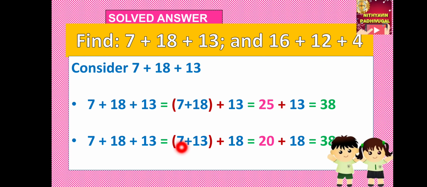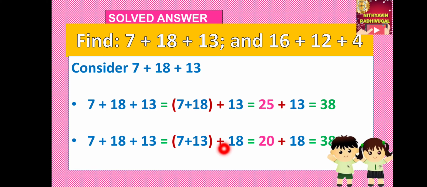Take the first two numbers 7 and 13, and add them. 7 plus 3 will give you 0 in ones place because 7 plus 3 is equal to 10. 0 will be written in ones place and 1 will be carried over to tens place. Already we have 1 here. So, 1 plus 1 is equal to 2. So, 7 plus 13 is equal to 20.